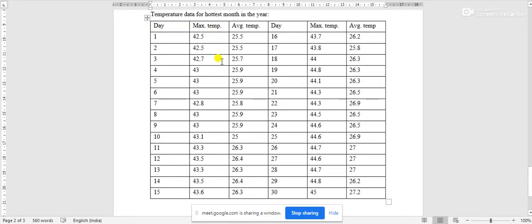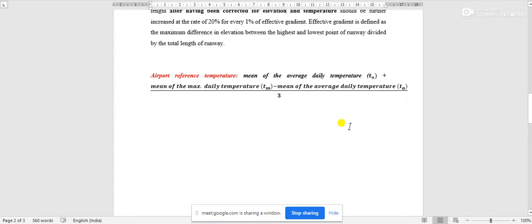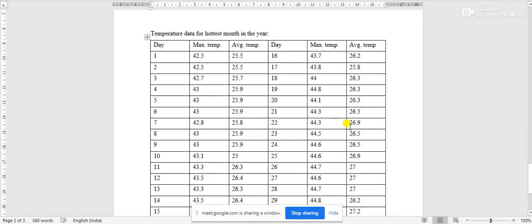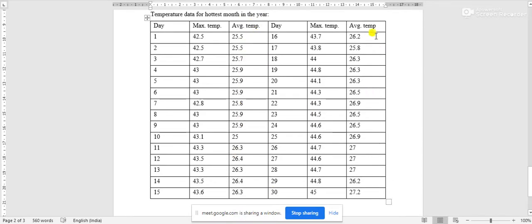This total table is the temperature data, and from this table you have to calculate the airport reference temperature. That is, the mean of the average daily temperature you have to calculate. That means you have to sum all these 30 average temperature values and divide it by 30.